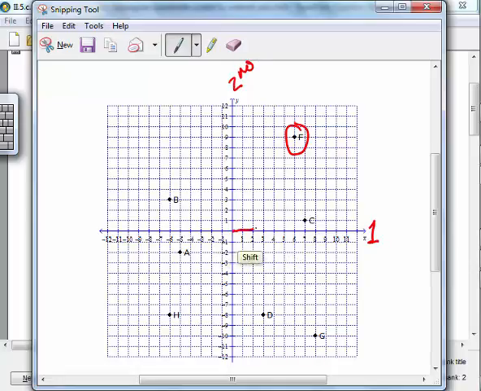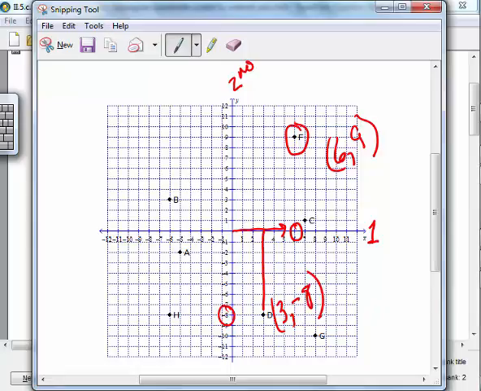So we're going to go over first, and we go over to 6. And so our first coordinate is 6, and our second coordinate is 9. Or in this case, we go forward 3, and then from there we go down 8, and so it's negative 8.